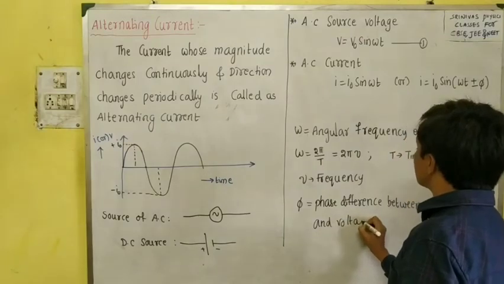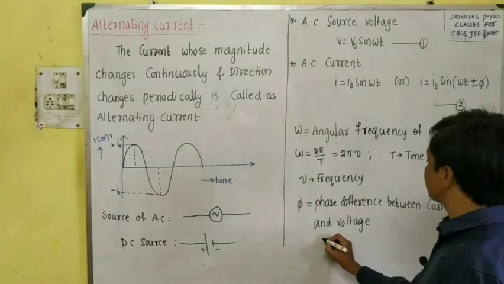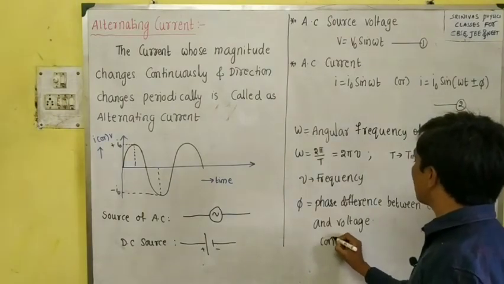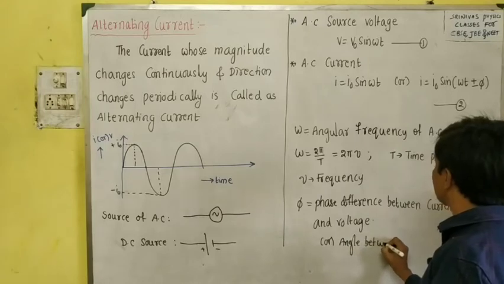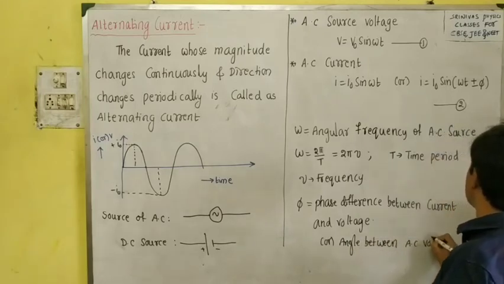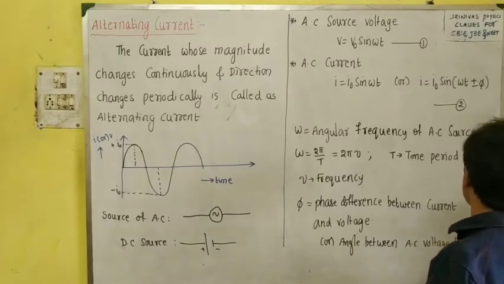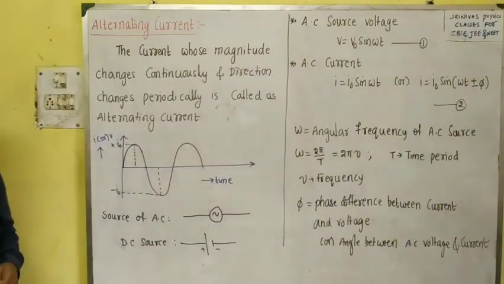This also gives the angle between AC voltage and current. This is about the alternating current introduction.